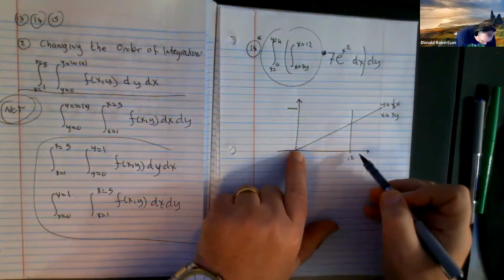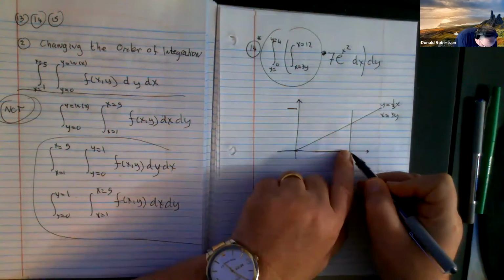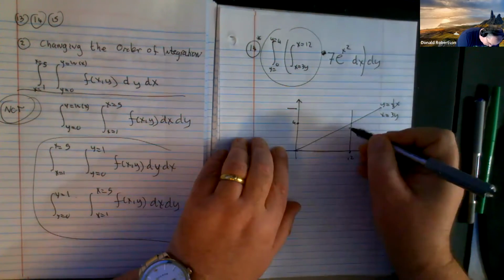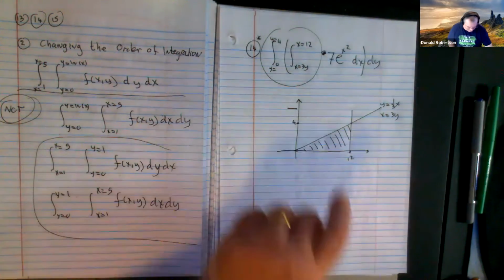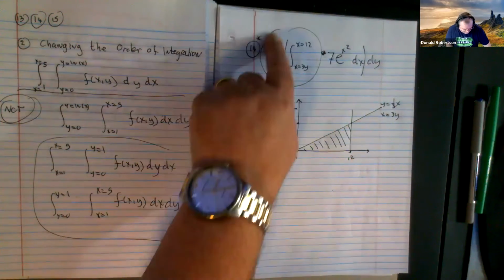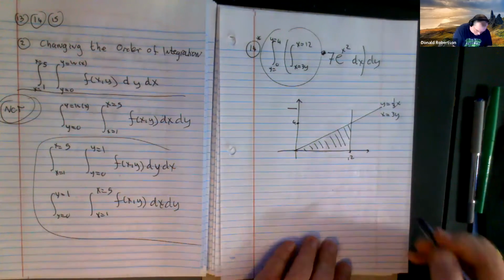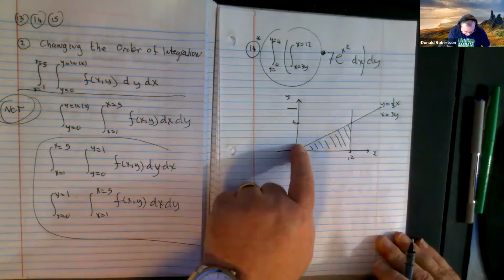And so x goes from 0 to 12, and y goes from 0, which is here, to 4. Well, by sheer coincidence, that happens to be 4. So it's not a surprise that the limits of integration generate a triangle. Are you comfortable with how I took this information and created the region D?